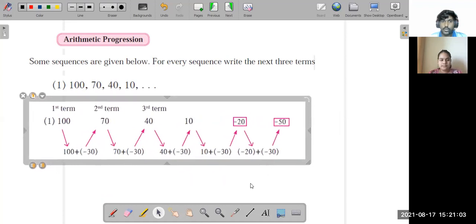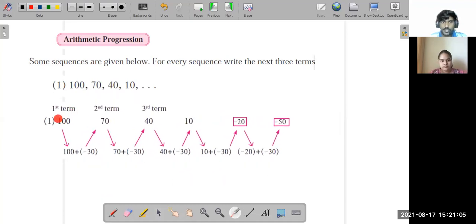First term is 100. 100 minus 30, 70. 70 minus 30, 40. 40 minus 30, 10. Now again, you keep subtracting 30. 10 minus 30 is minus 20. Minus 20 minus 30 is minus 50.